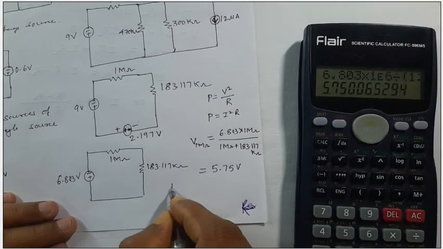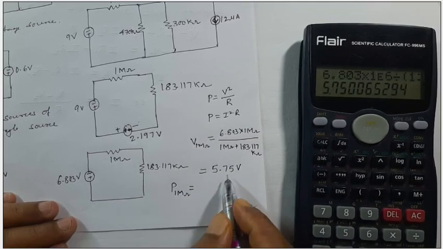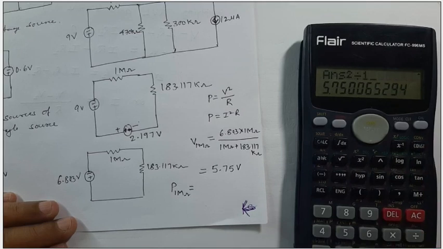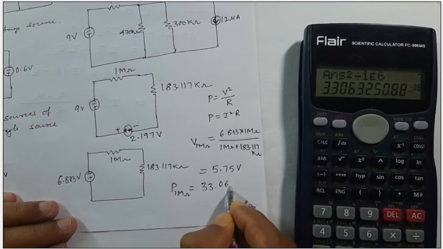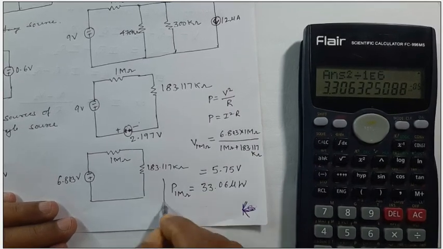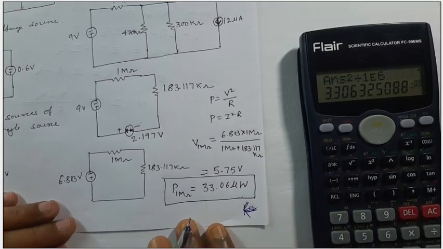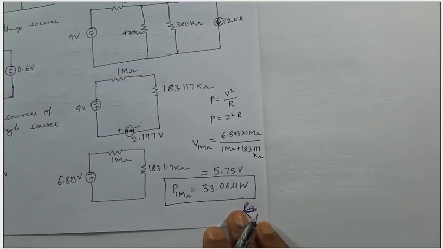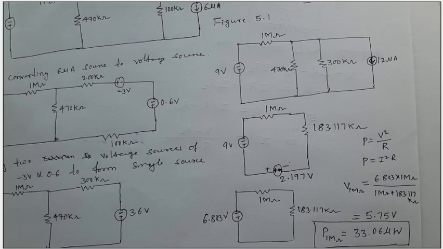And now P of 1 mega ohm is equal to V square by R. Here V square divided by 1 mega is equal to 33.06 microwatt. Yes dear students, this is the power dissipated by 1 mega ohm resistor. Okay, so hope this is clear to all of you.